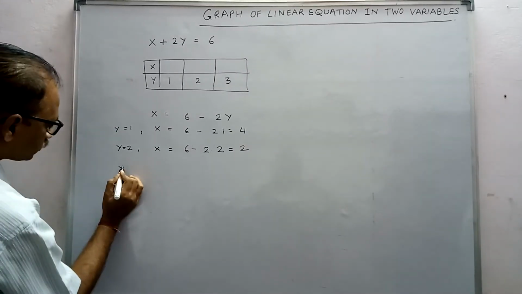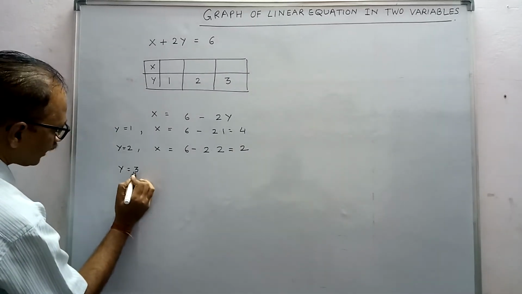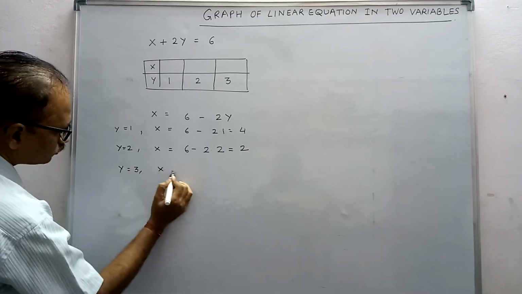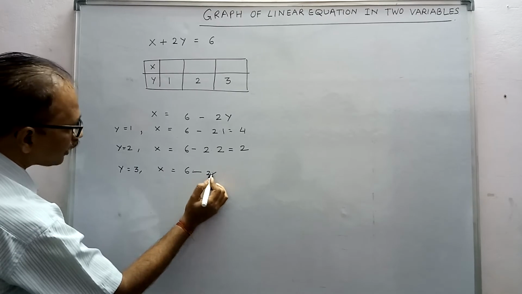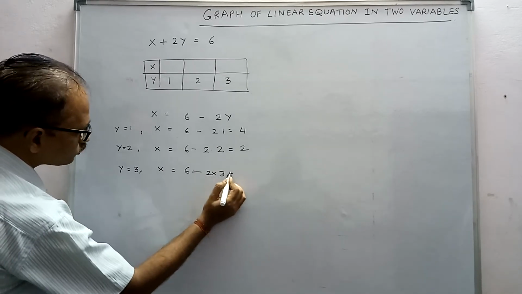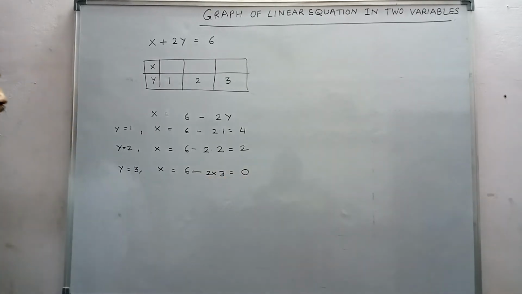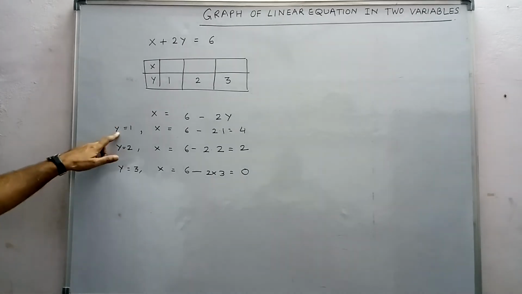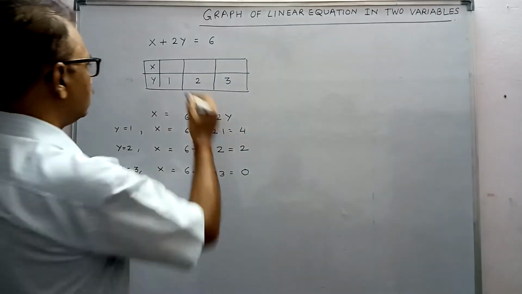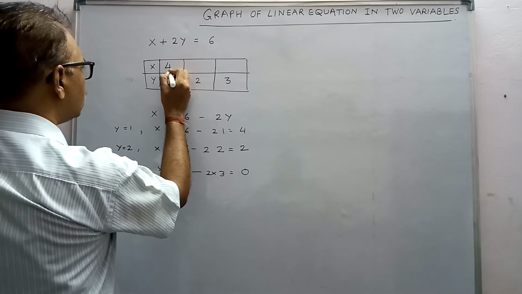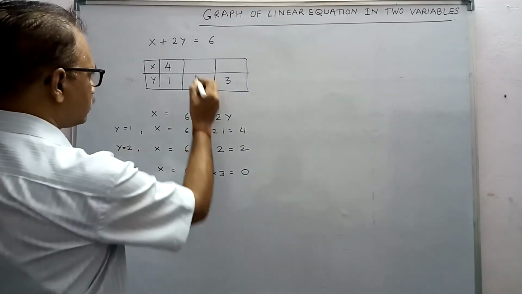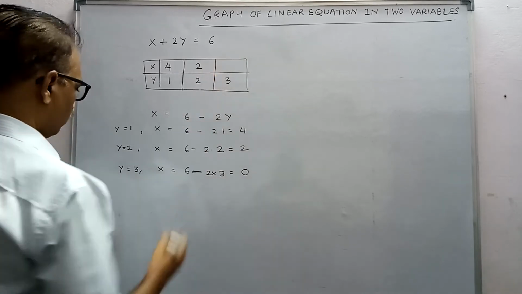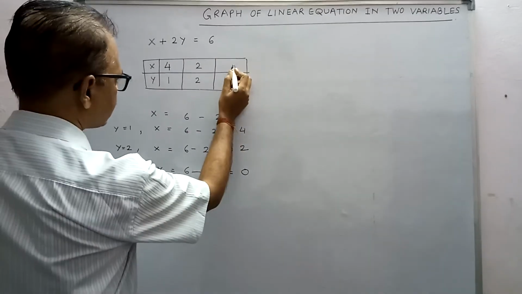Similarly, y is equal to 3, so you get x is equal to 6 minus 2 into 3, that is 6 minus 6 is equal to 0. So when y is equal to 1, x is equal to 4. Y is equal to 2, x is equal to 2. And y is equal to 3, then x is equal to 0.